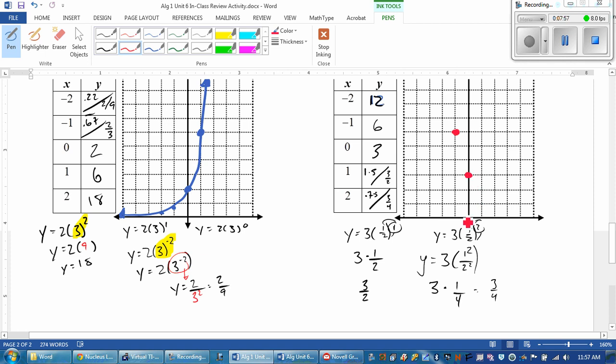At 1, I'm at 1.5. And at 2, I'm at 0.75. So just do your best, okay? And then when you're graphing it, try to make sure it's nice and smooth. And remember that it does not touch that x-axis.